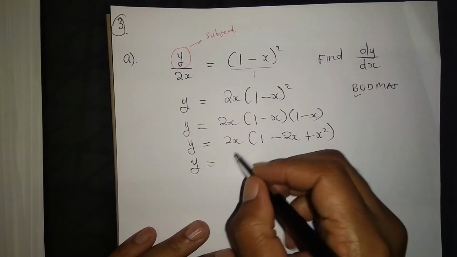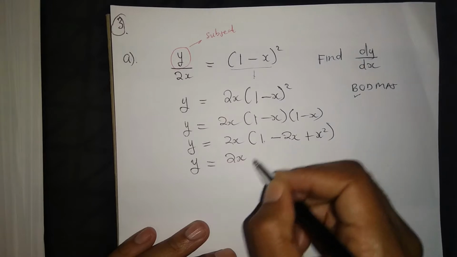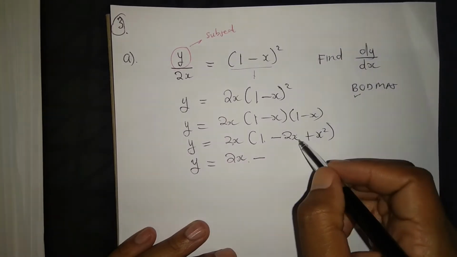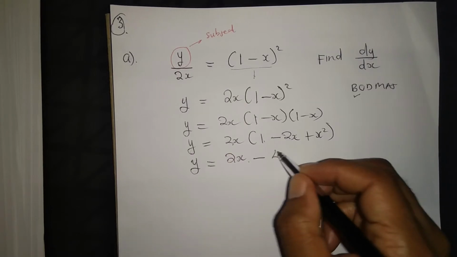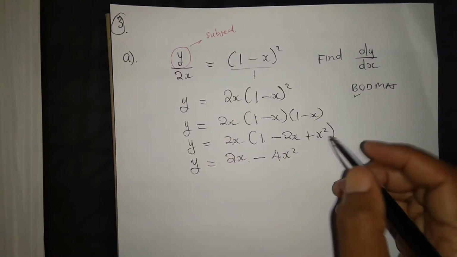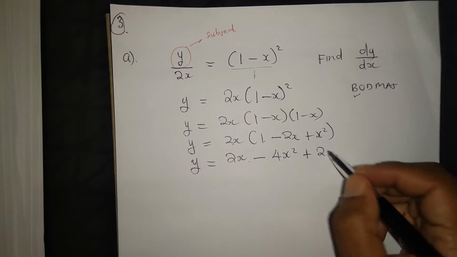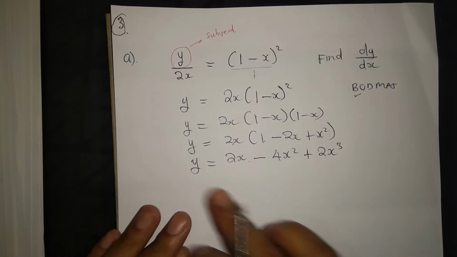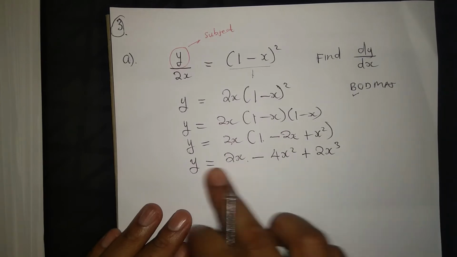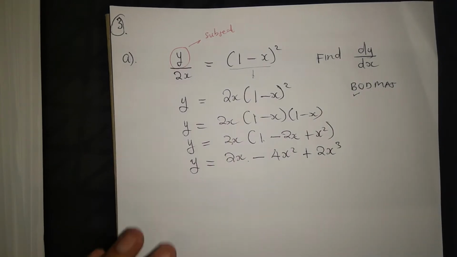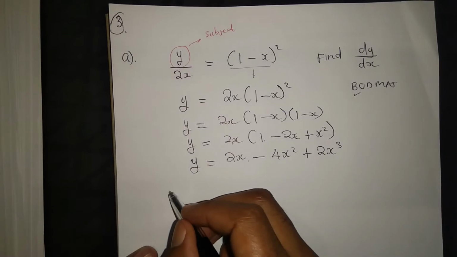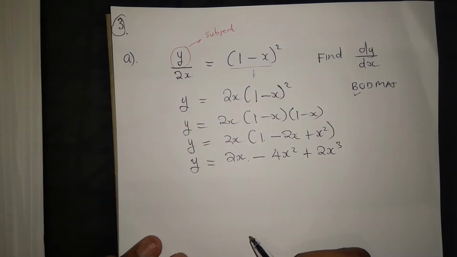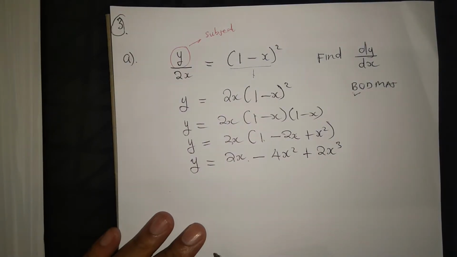So y is equal to 2x times 1 is 2x, minus 2x times 2x, it's minus 4x squared, plus 2x times x squared, it's 2x cubed. So this is our function in its simplified form. Now, after applying the power rules and after manipulating your formula, you can differentiate again.